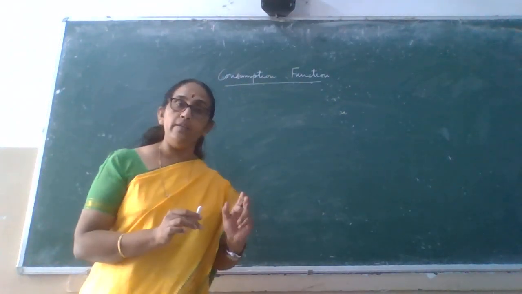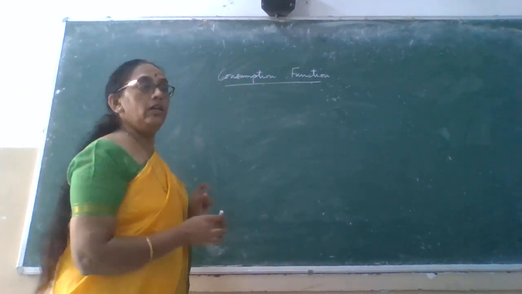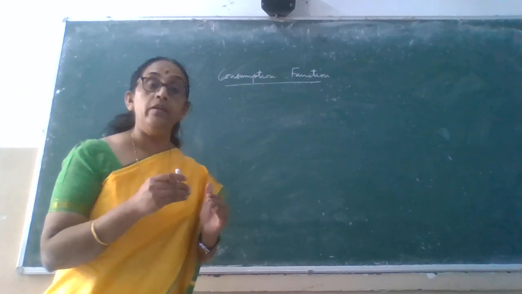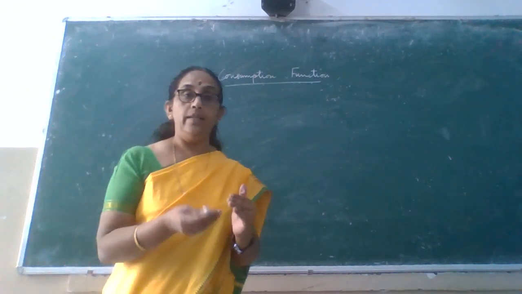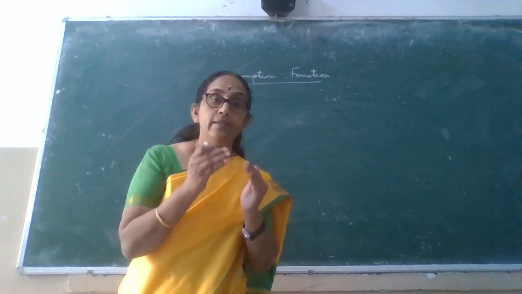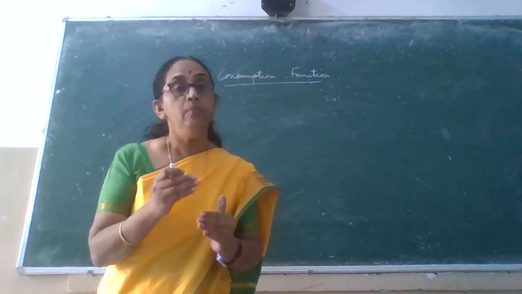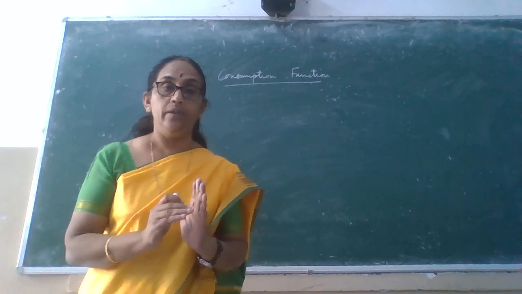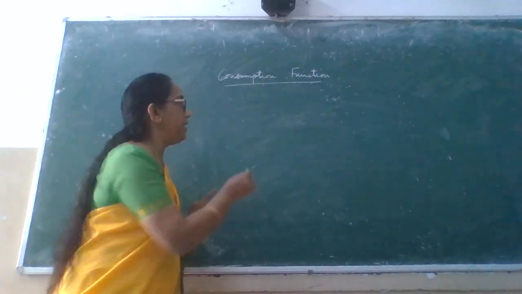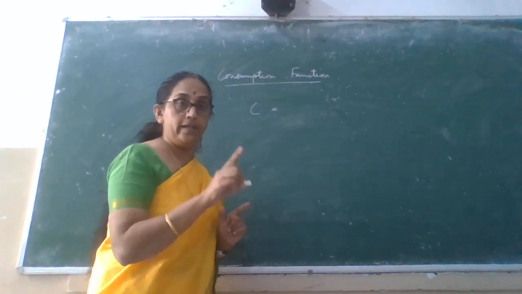Let us understand what is this consumption function. This consumption function shows the functional relationship. That means the consumption function says that the consumption level in an economy depends on the income level of that economy. That means the consumption is dependent on income.